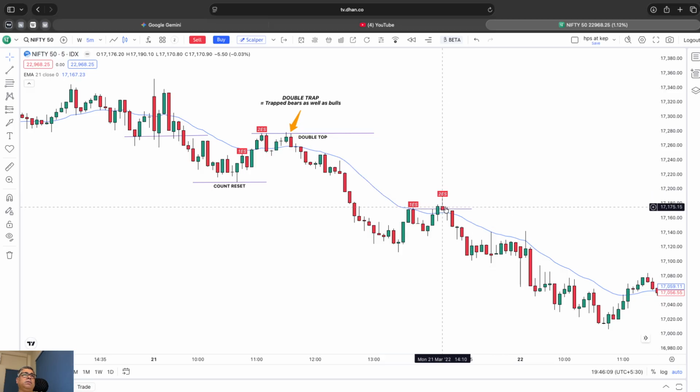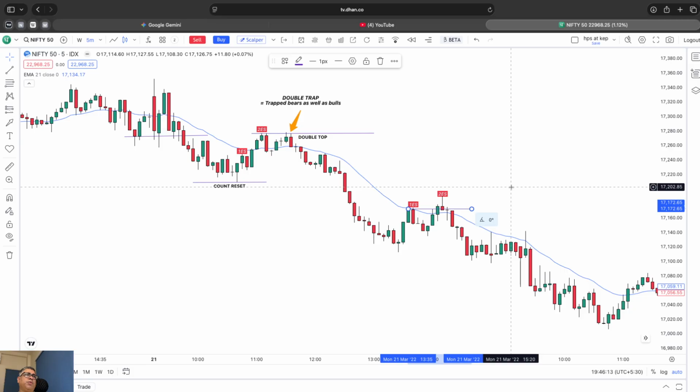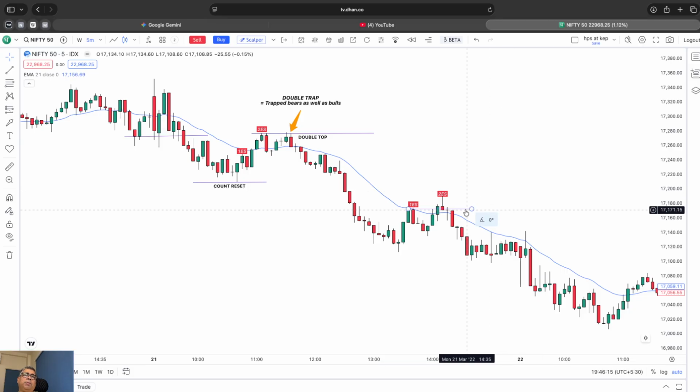Don't wait for a perfect double top. It usually does not form. You will have to take into consideration this type of double top also. The price slightly went up above this level and then reversed back and came below 21 EMA.